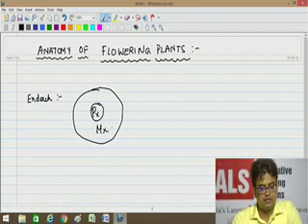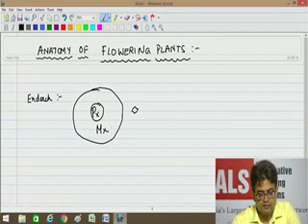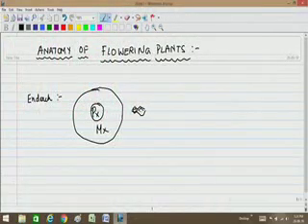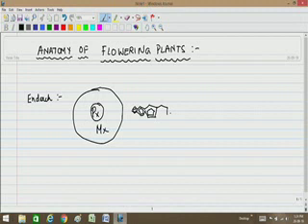This is endarch condition. So if I draw xylem vessels like this, larger vessels which will be metaxylem vessels towards the periphery. Okay, my voice is echoing. I'll try to be a bit slow.